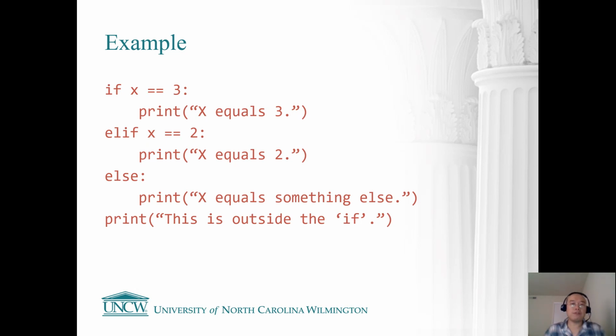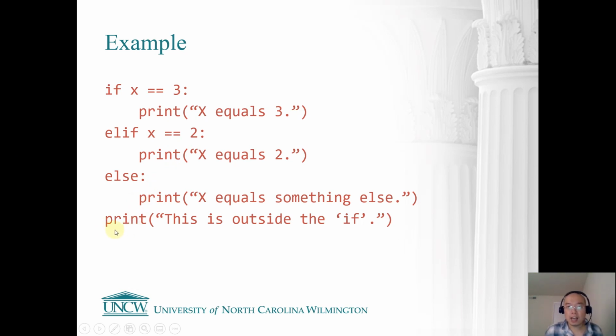Okay, so if we check this part of the code, again, this code offers us two condition checks. By having two condition checks, we can have three possible branches. So the first branch is in the if, the second branch in the elif, and the third branch in the else.